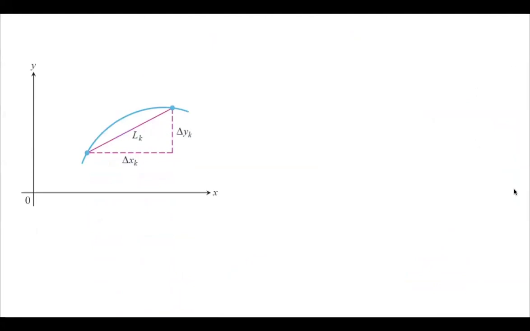So let's go back to our line segment connecting these 2 points together, and let us call it L sub k, because eventually our goal is to divide up a curve into smaller line segments like L sub 0, L sub 1, L sub 2, and so on.